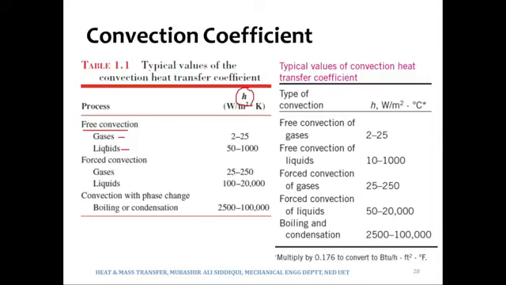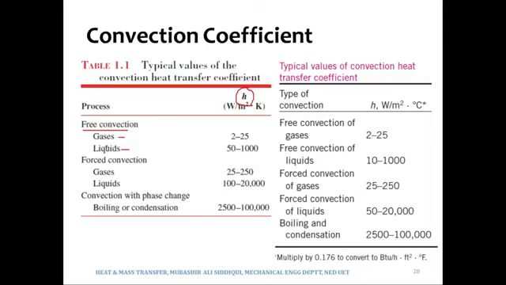Water has got a higher value of specific heat. Remember, there was a Cp over there as one of the parameters that the convection heat transfer coefficient depends upon. So water has got a Cp of about 4.18 or 4.2 kilojoules per kg per Kelvin, whereas gases such as air have got a Cp of 1.005 kilojoules per kg per Kelvin.